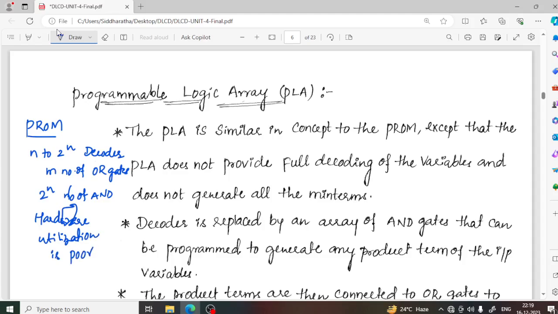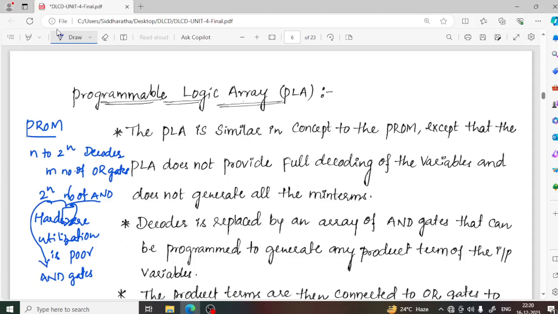So the 2 power n number of AND gates are replaced with very few AND gates. Concept wise, PROM and PLA are the same. The only difference is the 2 power n number of AND gates. That means the decoder is replaced with some array of AND gates.